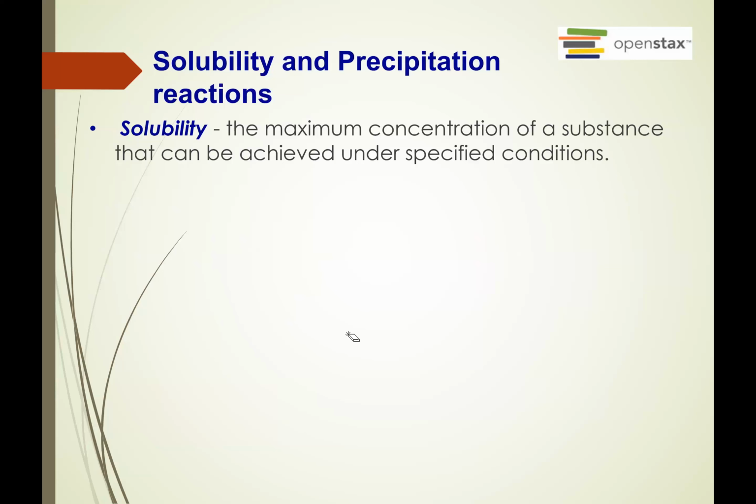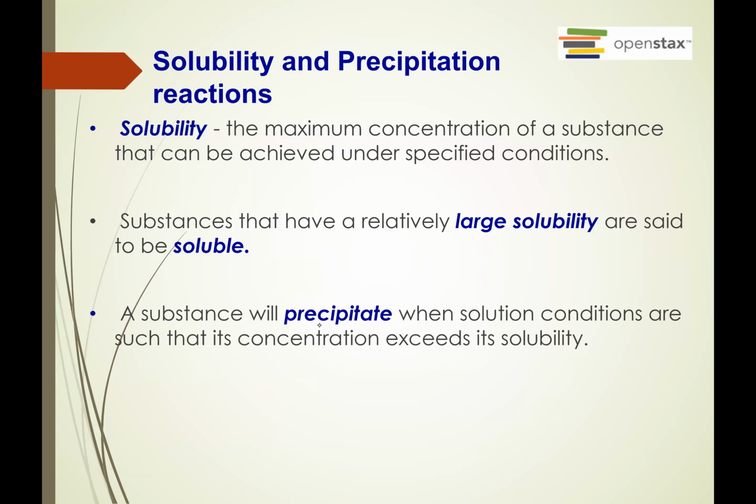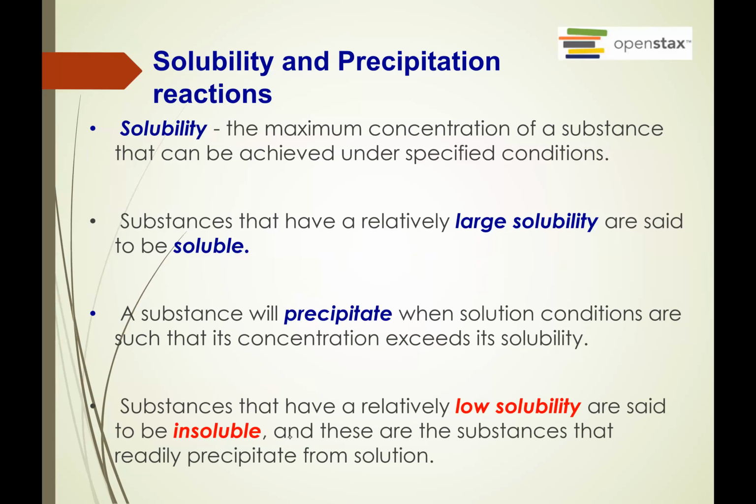So let's try this. Again, solubility is the maximum amount that can fit in a solution. So if it dissolves, we call it soluble. Soluble means it dissolves. If it makes a solid, we call that insoluble.